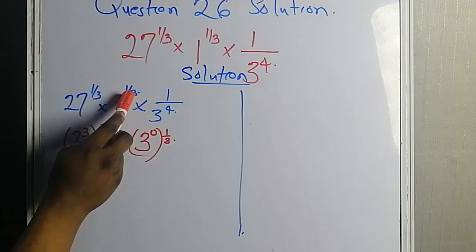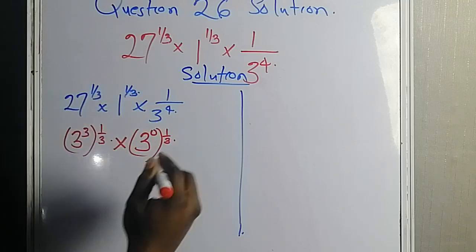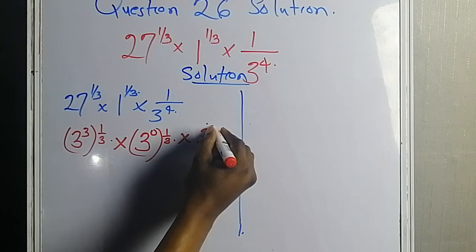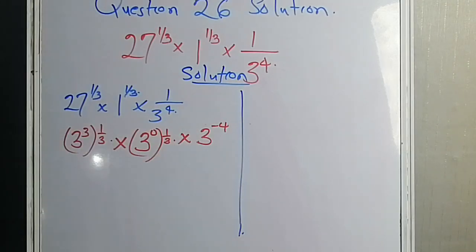And don't forget the power on the 1. So then the last one there is the same thing as saying 3 raised to power minus 4. Okay, that is the inverse law. You understand? Inverse index law or inverse power law under indices. I always mention it when I'm solving questions.